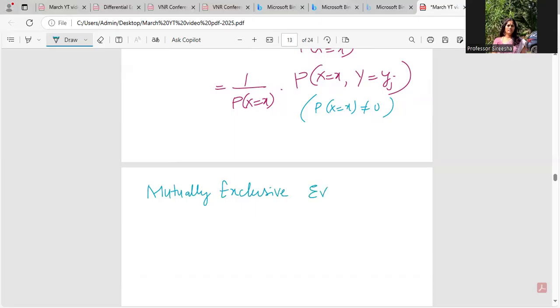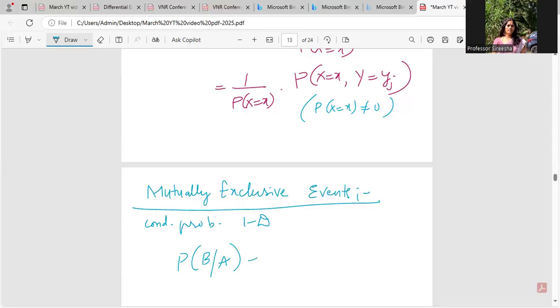If I'm talking about probability and say there are two mutually exclusive events, it means one is independent of the other. In other words, conditional probability in one dimension, I'll be writing like this. Just see here, guys: probability of B given A, if I'm being asked, how will I find it? P of A intersection B by P of A, yes or no?